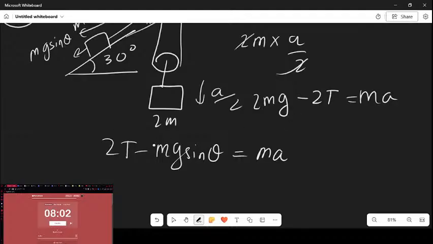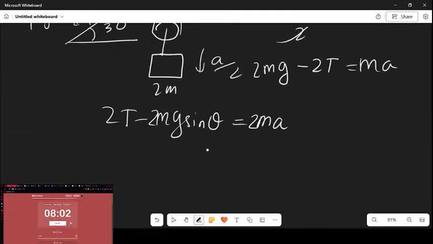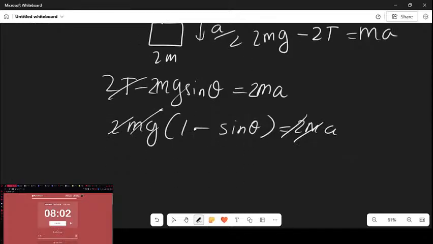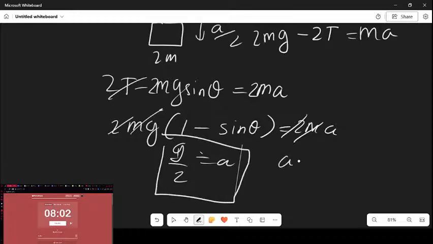Taking 2 common, 1 minus sin theta, which is 1 by 2, equals 2ma, so the acceleration will be g by 4.